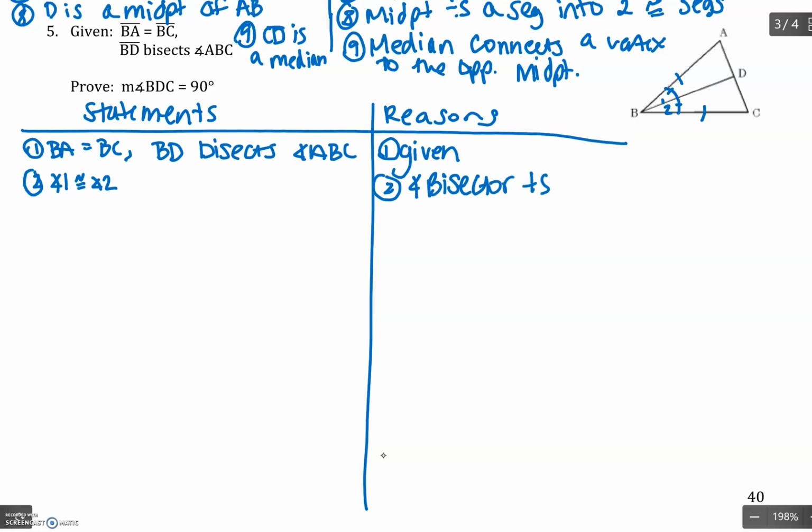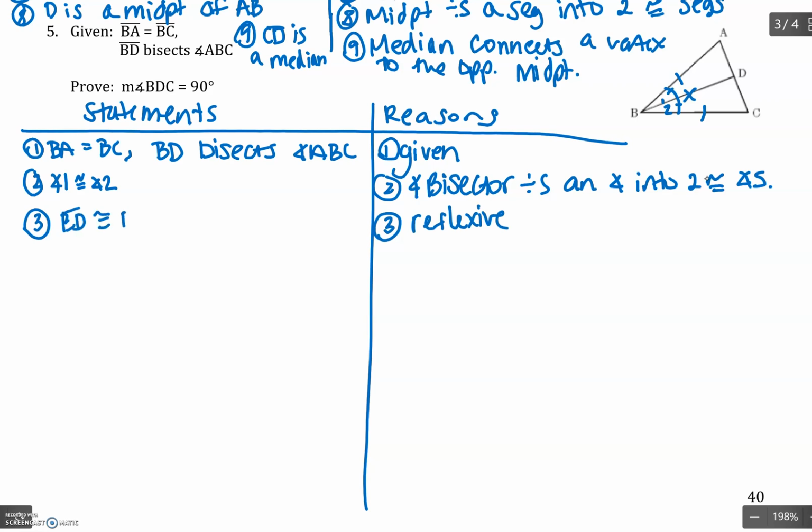And an angle bisector divides an angle into two congruent angles. All right, next, we could do a few different things. I'm just going to use BD as reflexive because it's pretty straightforward. All right, now we have our triangles congruent by side angle side, and we'll follow that up with CPCTC.